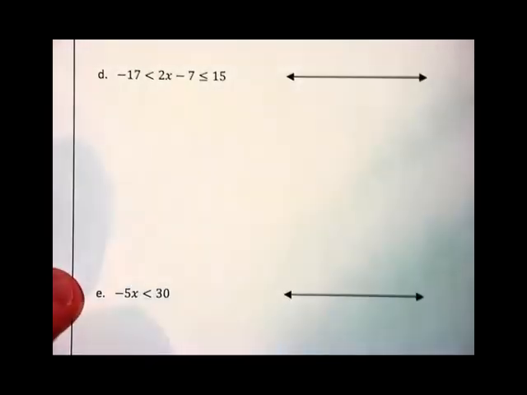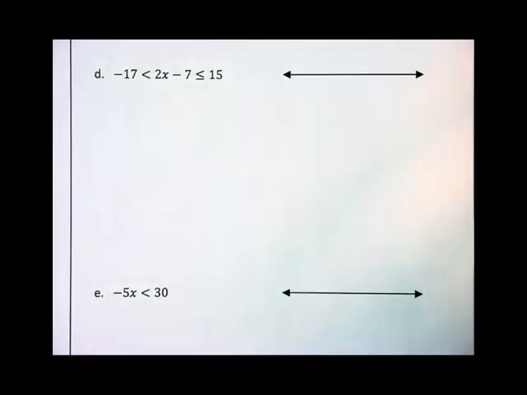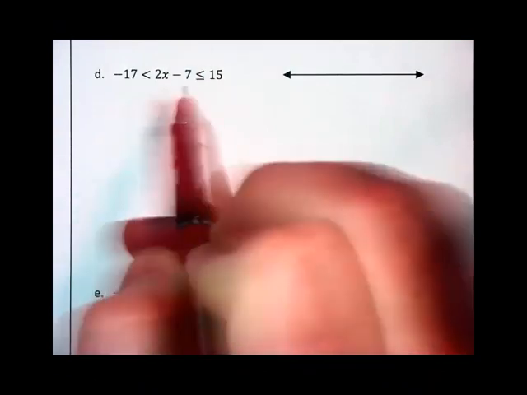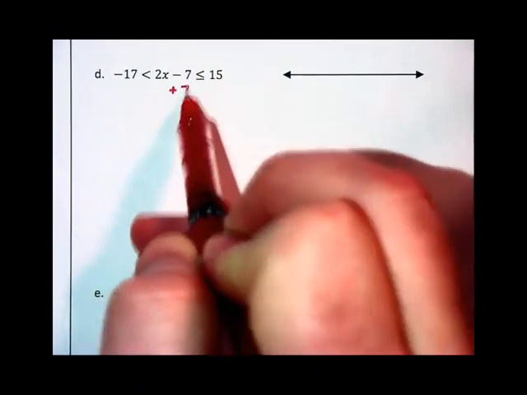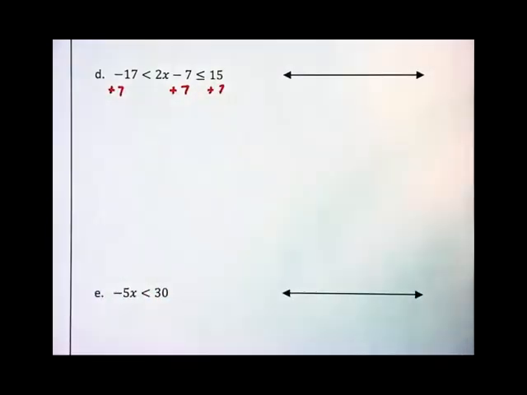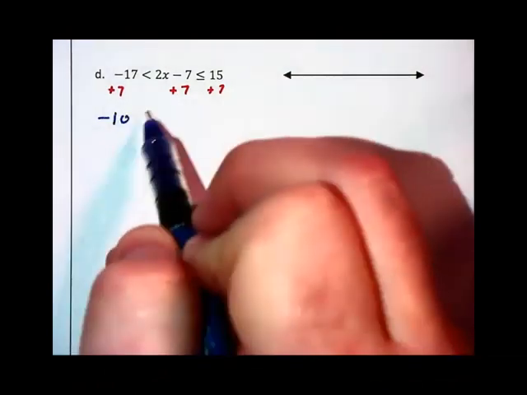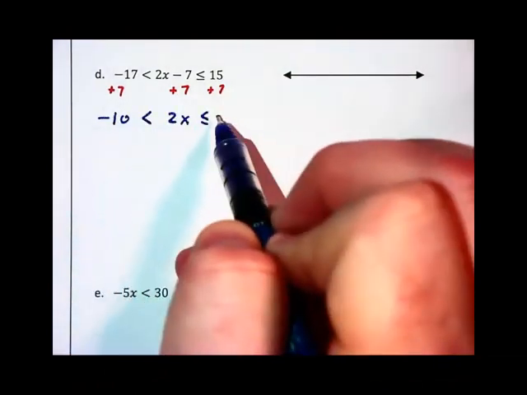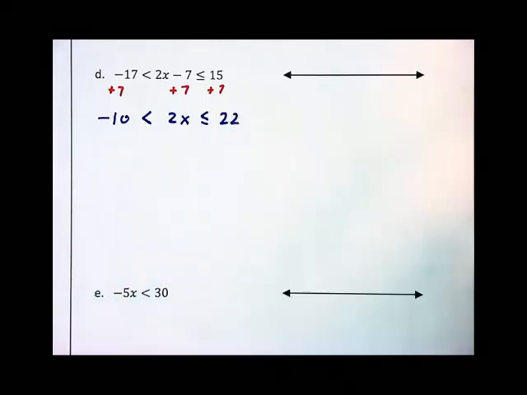In problem D, we have a compound inequality. In this case, we want to solve for x in the middle between the two inequalities. We add 7 to the left and the middle and the right, and we will have negative 10 is less than 2x, which in turn is less than or equal to 22.